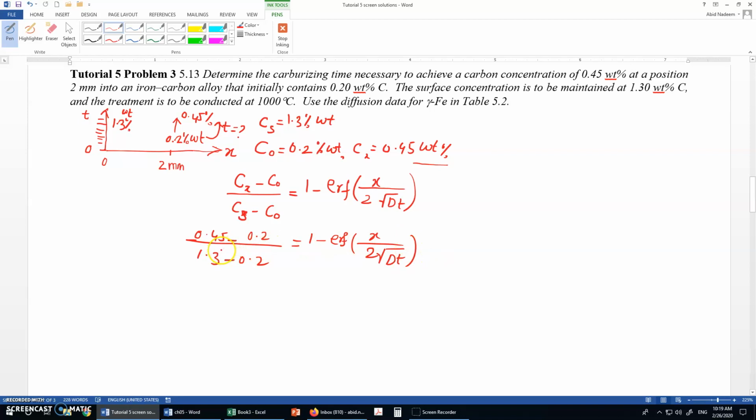So the left hand side will be equal to 0.7727, and if you simplify it, erf will be equal to 1 minus 0.2273, which is equal to 0.7727.